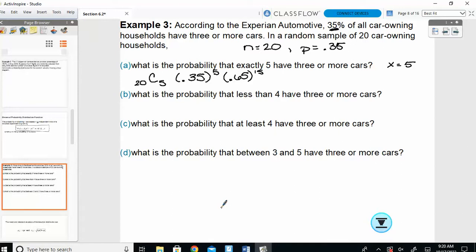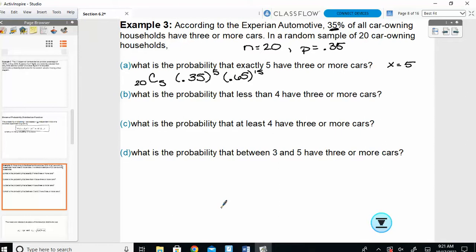So then to do this on your calculator, I'm going to start with the parenthesis. And I need to type in my 20, and then you go into math, probability, number 3. So it'll say 20 NCR, and then I type my 5. And I'm going to close that parenthesis. Did everybody get the 20 NCR 5 entry?